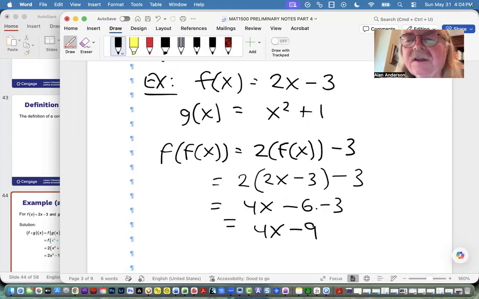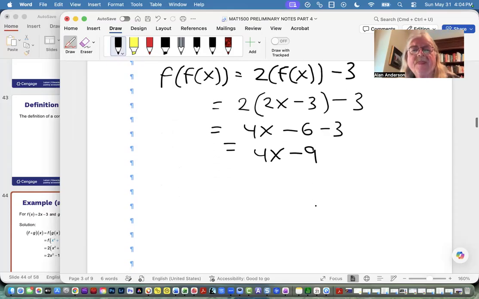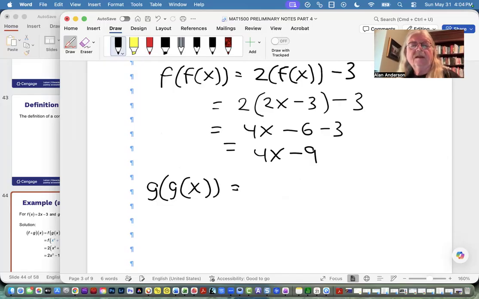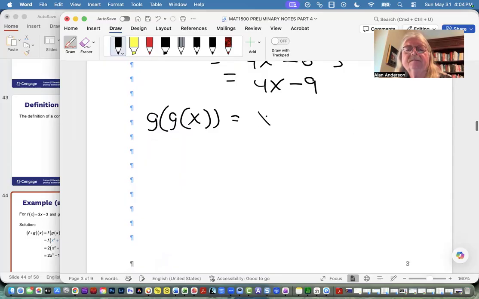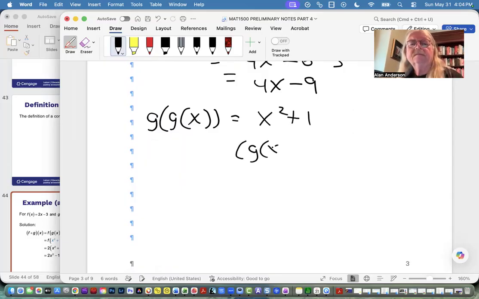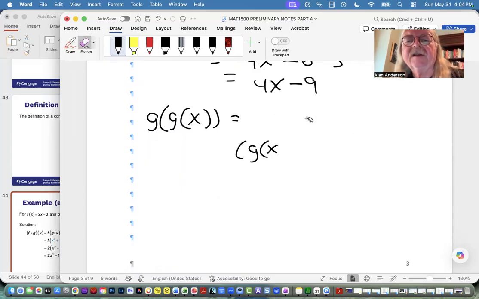And of course, if we can do f of f of x, there's nothing to stop us from doing g of g of x. So remember, g of x is x squared plus 1. Actually, let me fix this real fast.